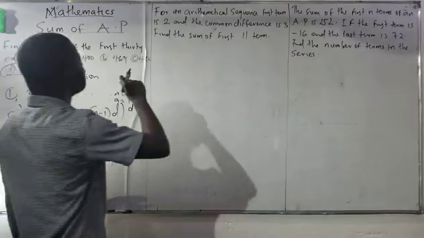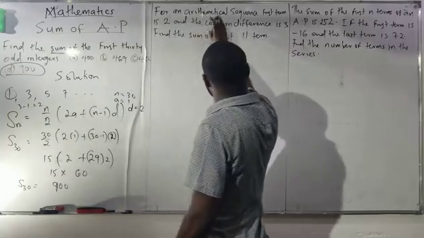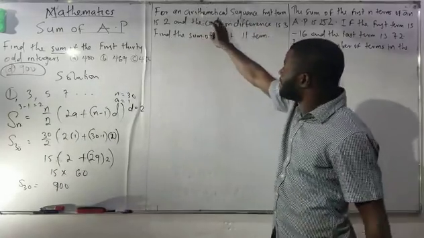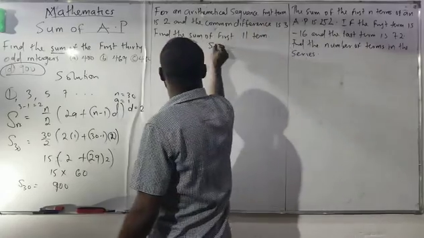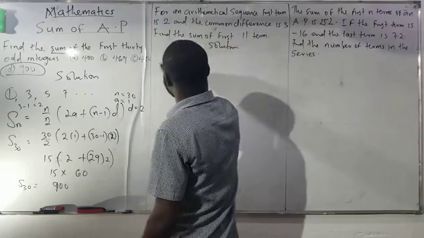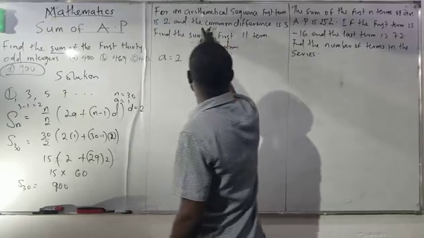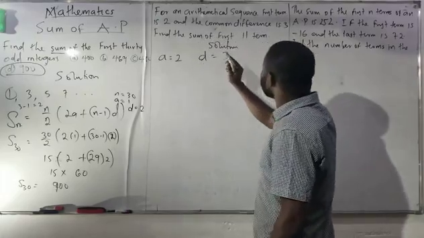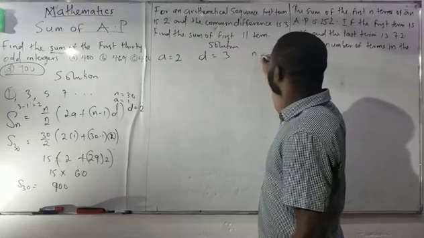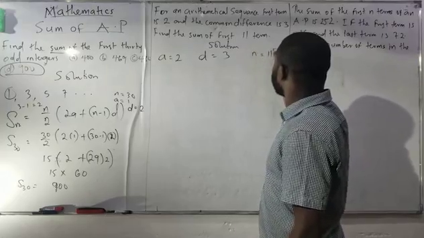Now, look at this. For an arithmetical sequence, the first term is 2. It means my a is 2, and the common difference d is 3. Find the sum of the first 11 terms. It means we are looking for n, which is 11.